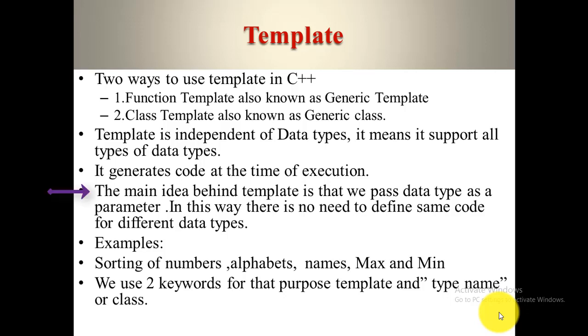The main idea behind template is that we pass data type as a parameter. In this way, there is no need to define the same code for different data types again and again. For example, if we want to perform sorting of numbers, arrange alphabets, arrange names in alphabetical order, find the max, or find the minimum number, in all these scenarios we use templates.